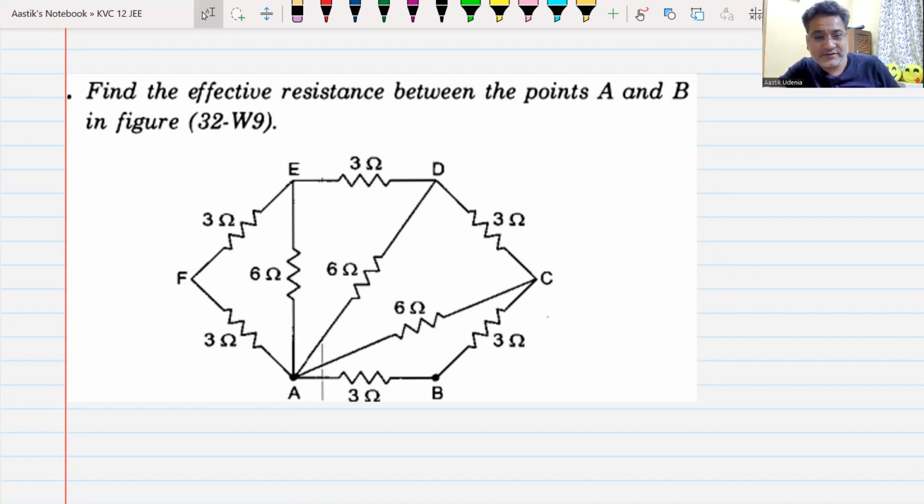No one has the book. Great. Anyways, 6 ohms, sir? The answer that I have is 2 ohms. Between A and B, you have to calculate.